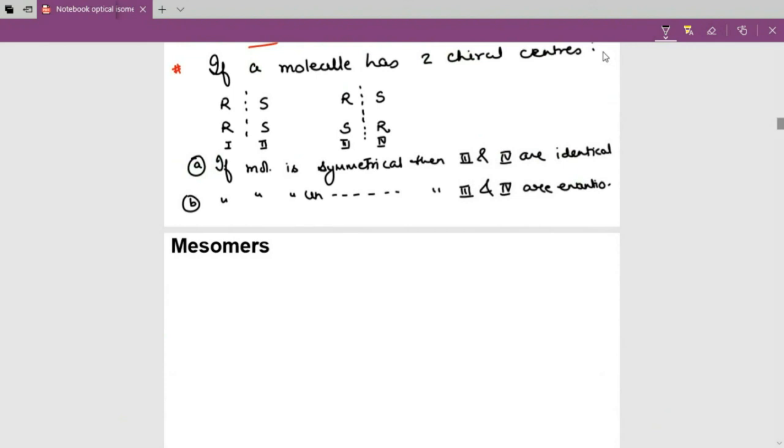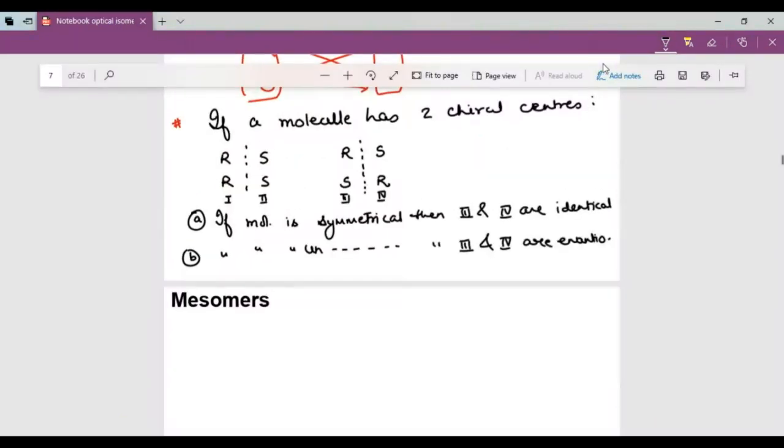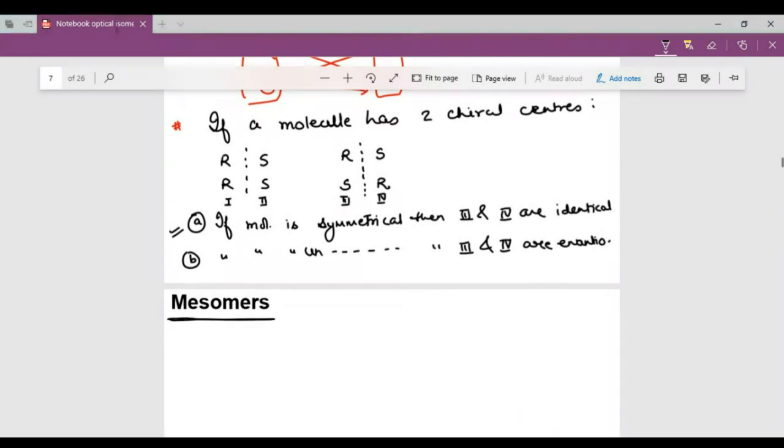Okay, so let me again take that risk that we have taken yesterday also. I'm coming to this mesomer. To have that mesomer, I need you to see this. As you know, R will cancel out the activity of S. Now, if that R is within a molecule and is of the same groups, then what will happen?